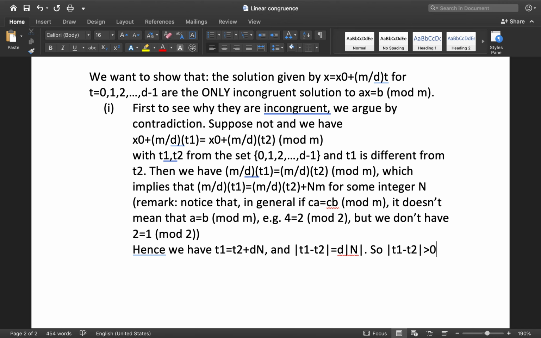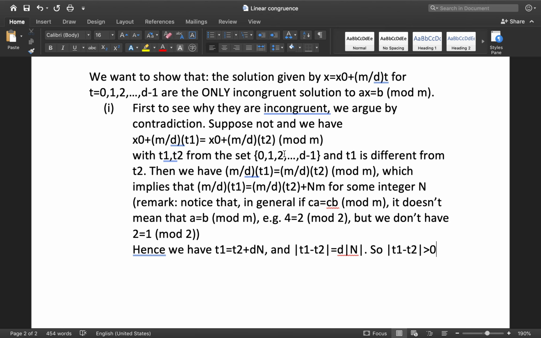Okay. Now, what is the problem? Now the problem is, T1 and T2 are taken from that set. If you take the difference, you can draw a diagram.